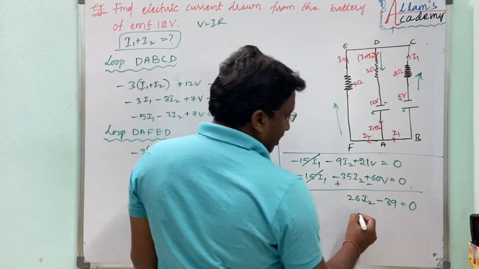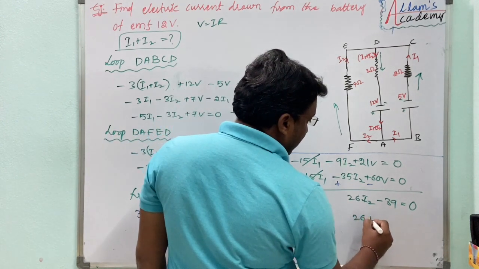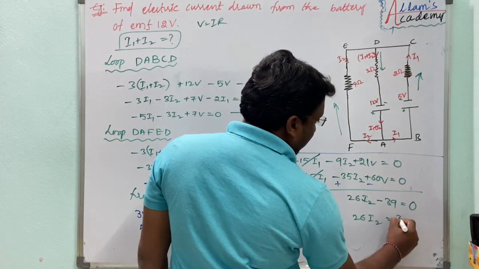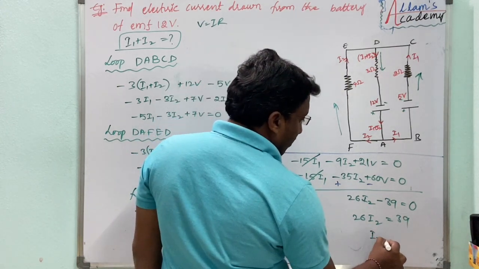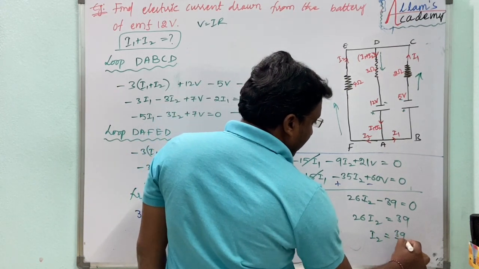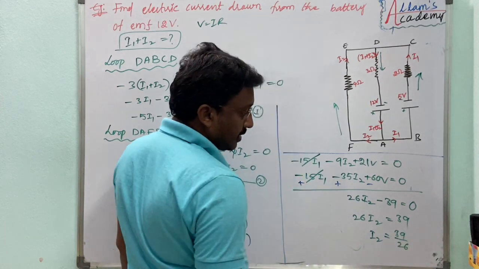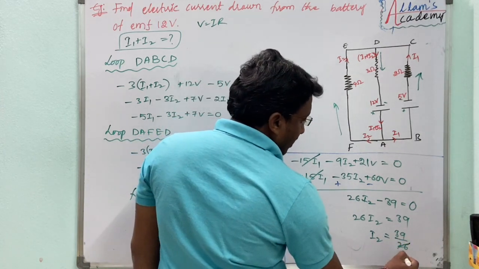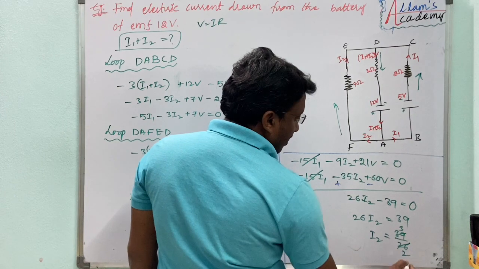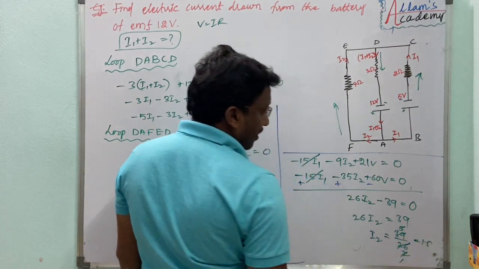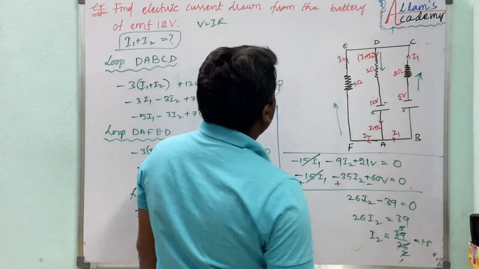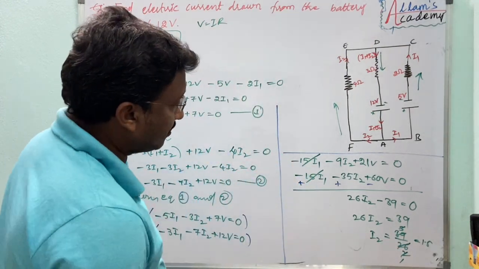So 26 I2 equal to 39, I2 equal to 39 by 26, which is 1.5. Here we got I2.